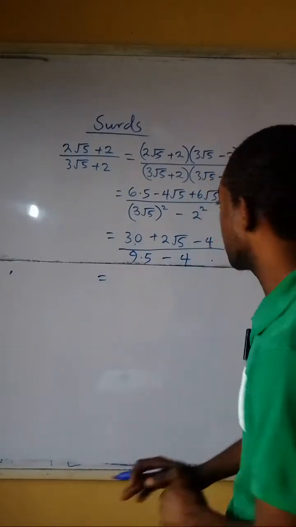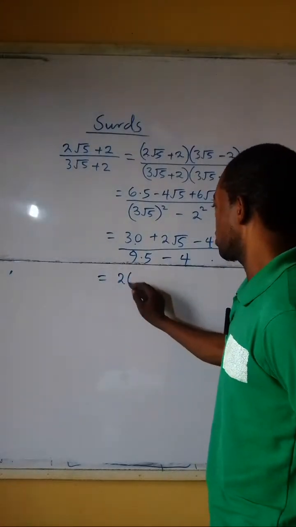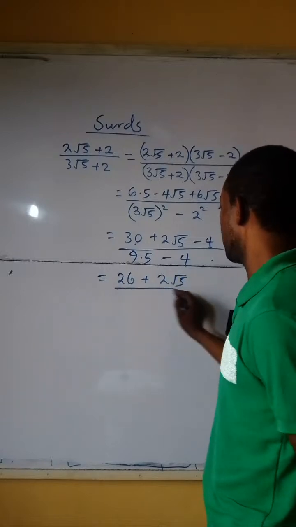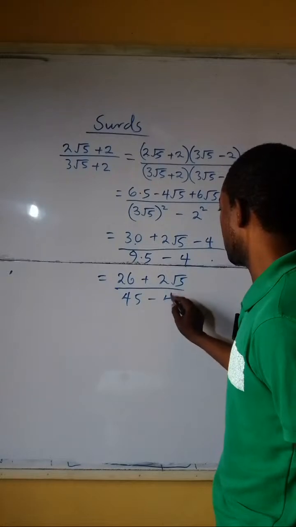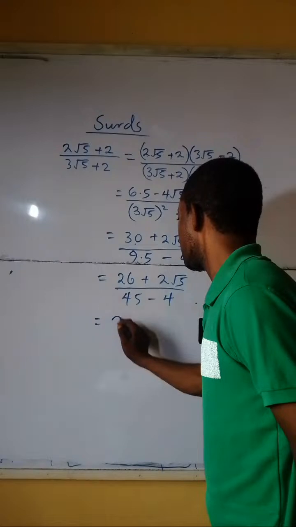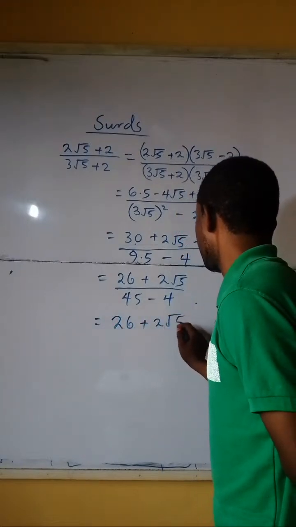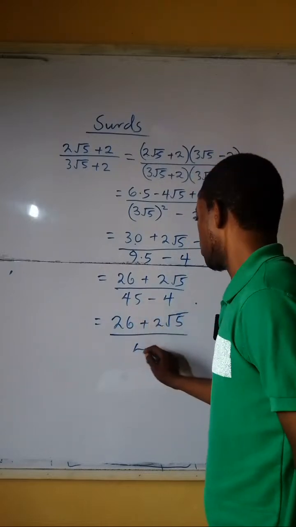We bring that together and we have 26 plus 2 root 5, divided by 9 times 5, that's 45, minus 4. This becomes 26 plus 2 root 5 divided by 45 minus 4, that gives us 41.